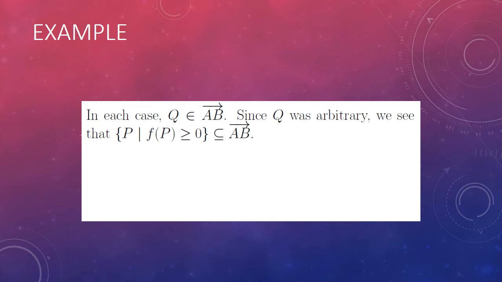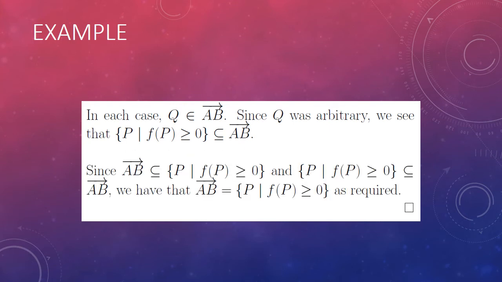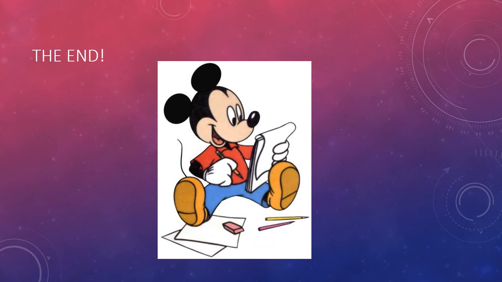Since Q is arbitrary, we see that this has to be a subset this way. Finally, because we have both this subset and that subset, this gives us equality as required, and so we put our cool little box, or a QED, which stands in Latin for Quod Erat Demonstrandum, which is Latin for I'm done. Which of course we are now.